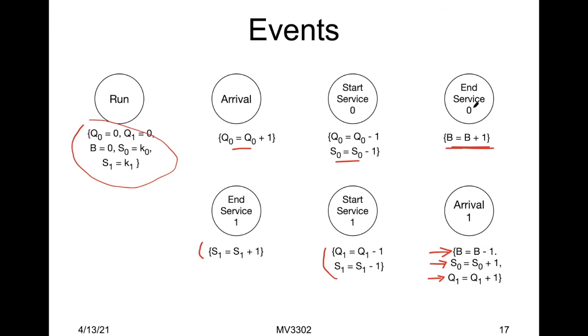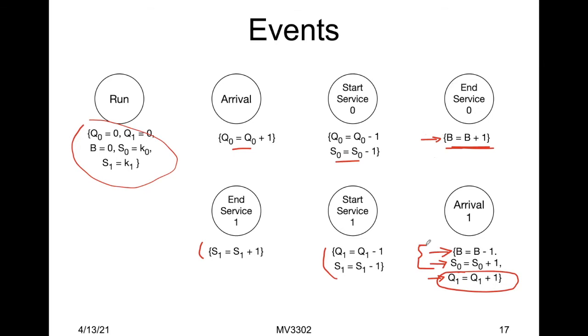So you see that? Just because, remember that in our previous models, we'd always said end service would increment the available servers, but now what we're calling end service has a different state transition. And in the past, when we've had arrivals, we've only incremented the queue at that station. We hadn't done this.